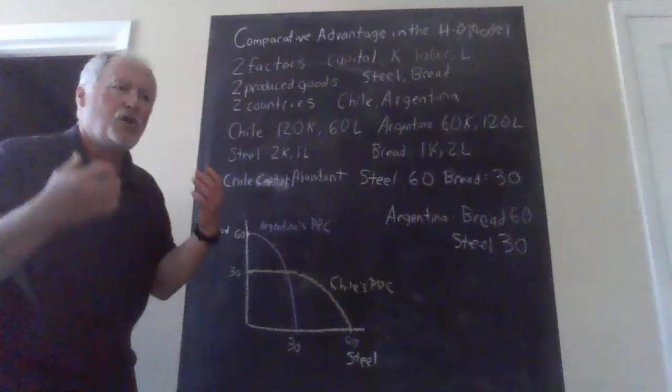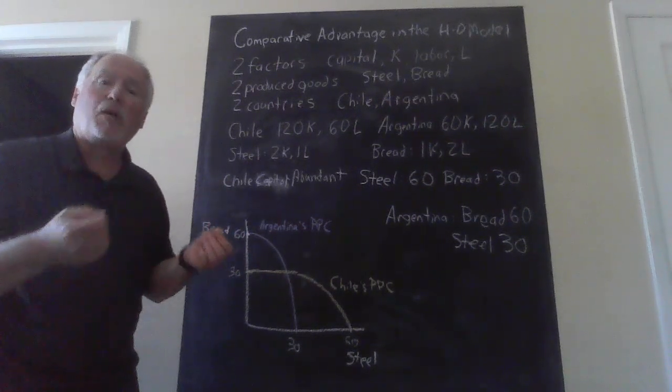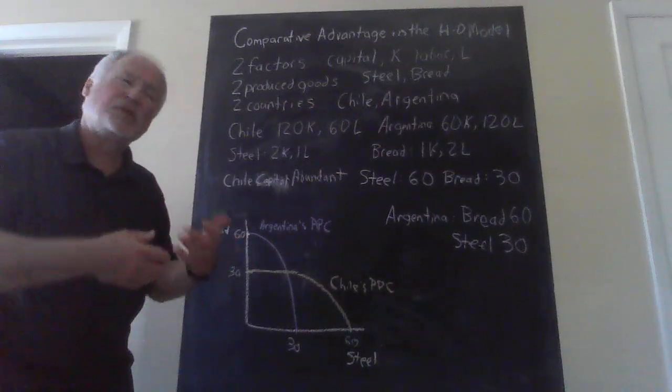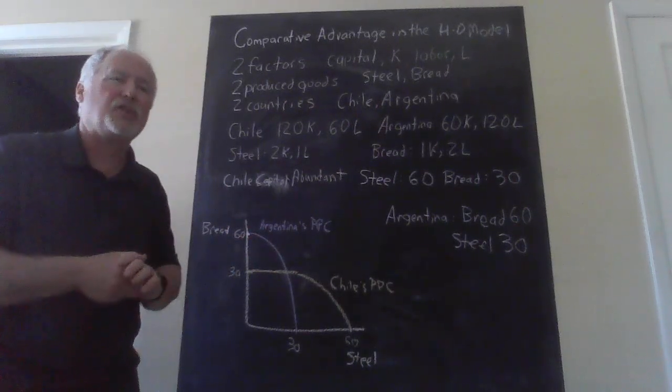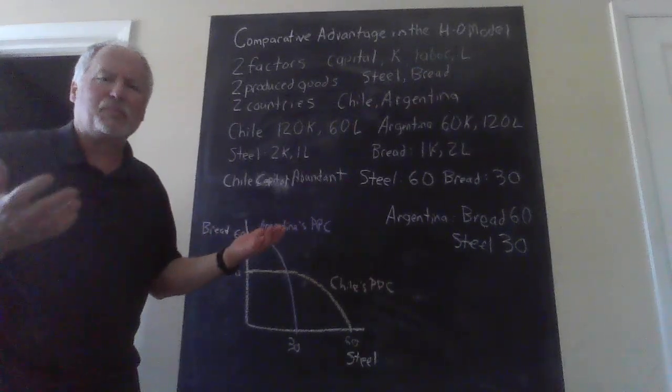What the HO model really gives us here is a way to think about where comparative advantage comes from. In the model in chapter 3, we just specify who's got the comparative advantage in one good versus another. But that's sort of completely made up.